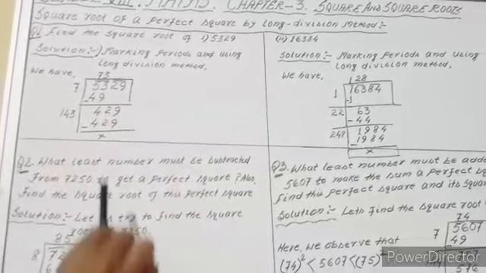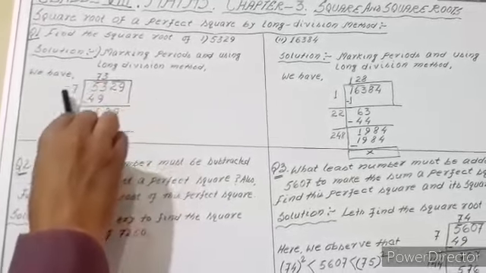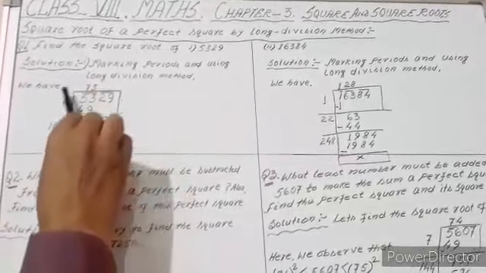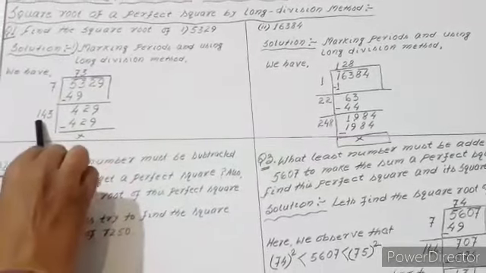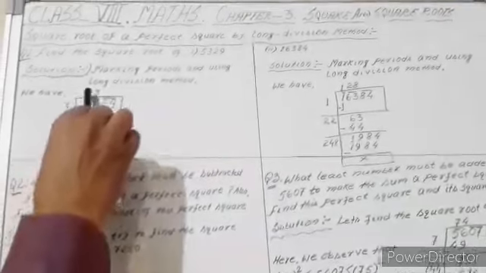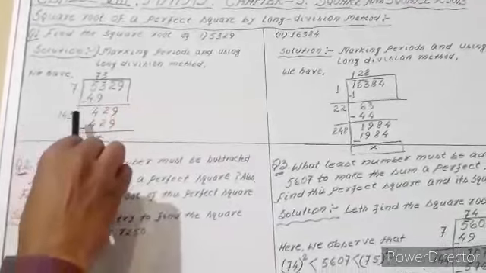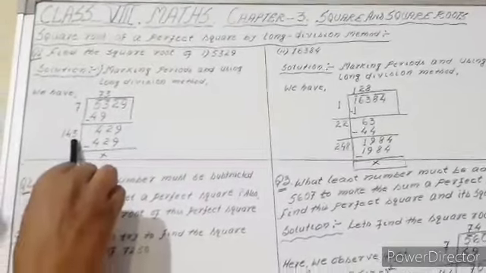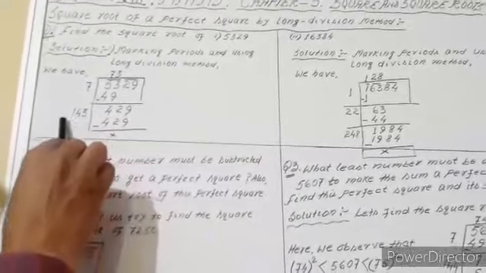Thereafter, these numbers 7 and 7 both are to be added and we bring them to the next step. As you have seen, 7 plus 7 is 14, and we have to think of such a number that, written along with 14, makes a new divisor, and this becomes the dividend.